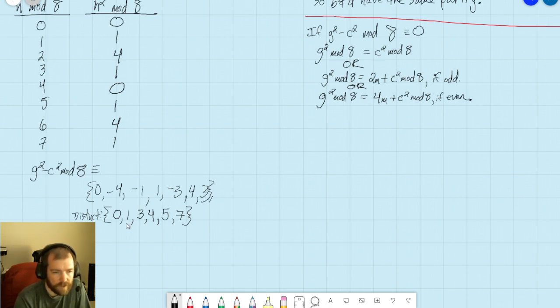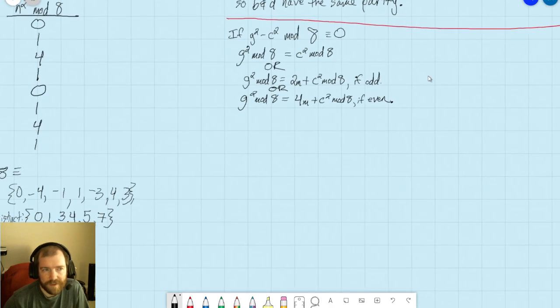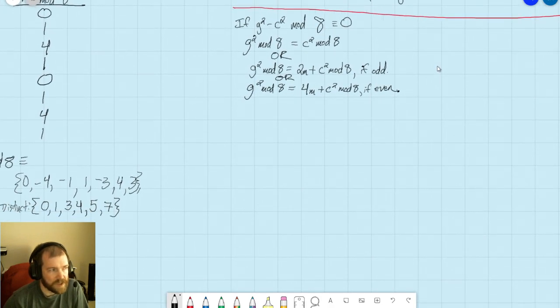Okay, so if g squared minus c squared mod 8 is 1, then that means that we must have had a 1 and a 0. So g squared is 1. It pretty much just forces it.